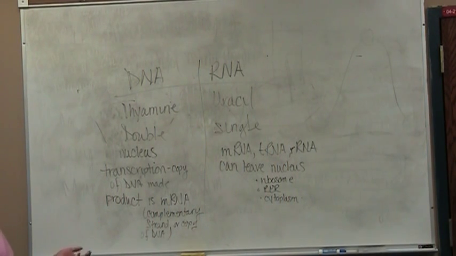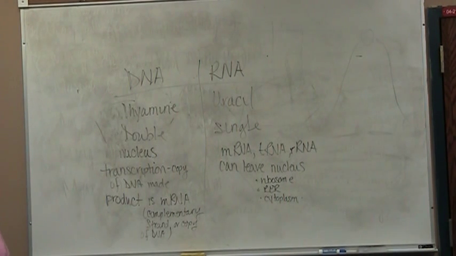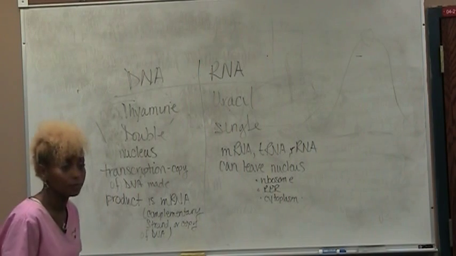So the messenger RNA, what is its function? Why do we need messenger RNA? To transfer signals or messages. Why did we make this copy? Because DNA can't leave the nucleus. Where are proteins made?